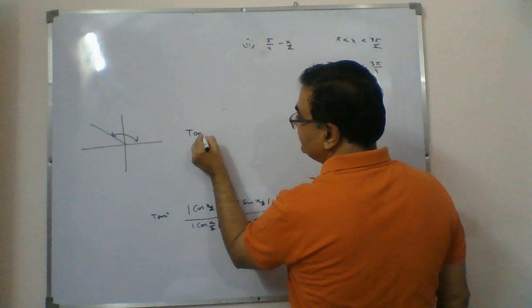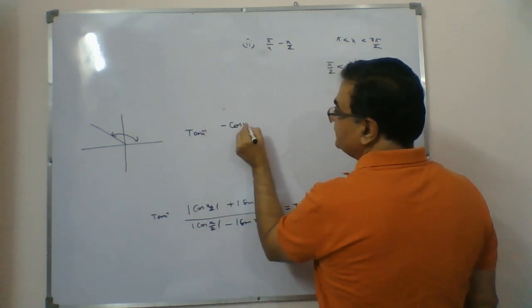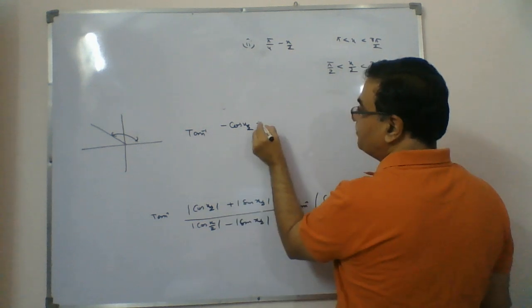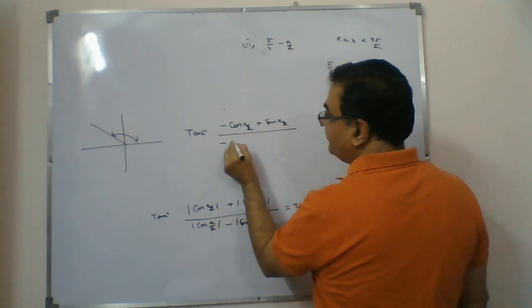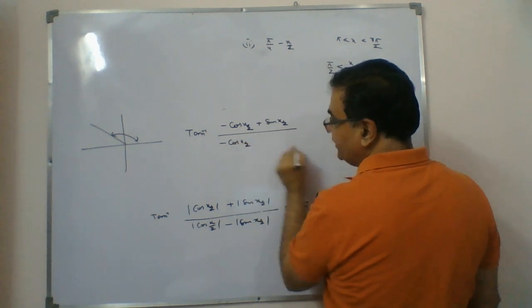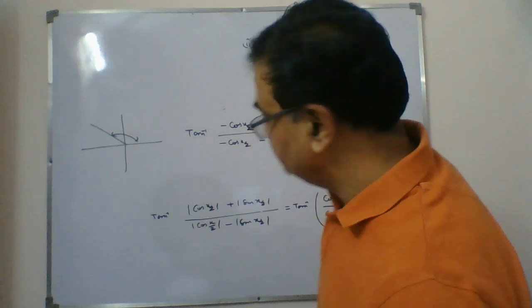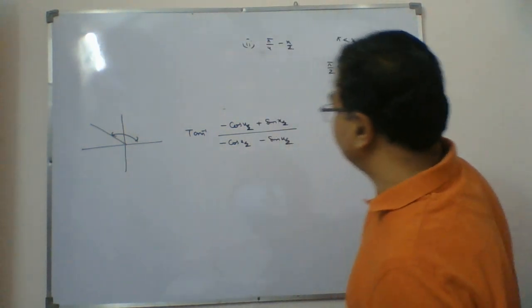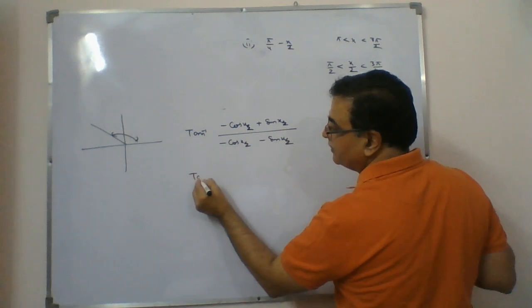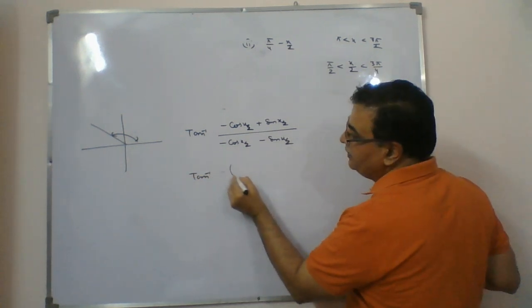Quadrant number 2, when I say, it means cos comes out to be negative there. So I will write this as tan inverse of minus cos x by 2, and sin will be plus here. Here it comes out to be minus cos x by 2, this is minus sin x by 2. Then this comes out to be tan inverse, I'll take minus common.